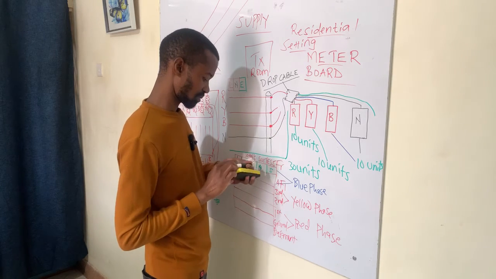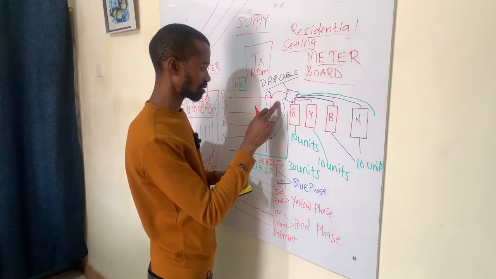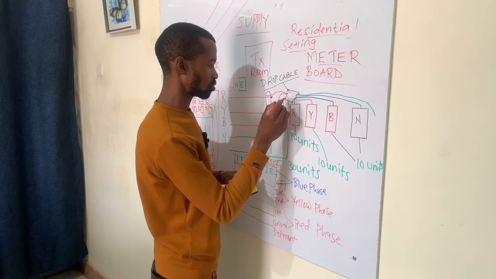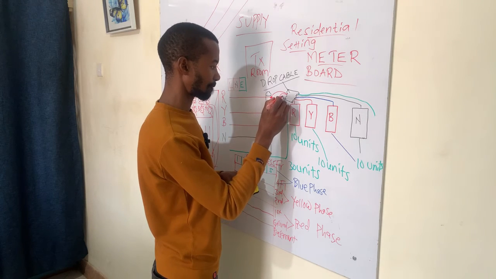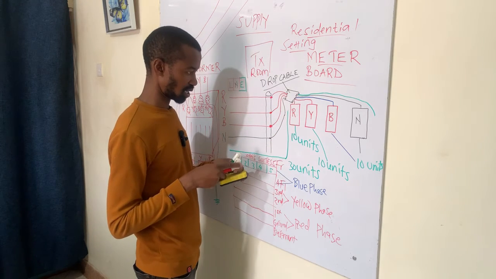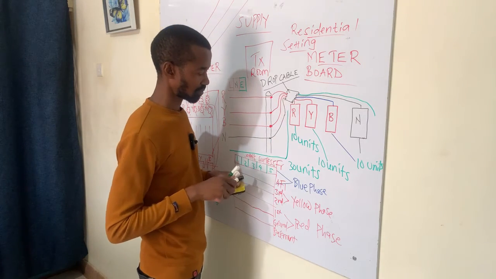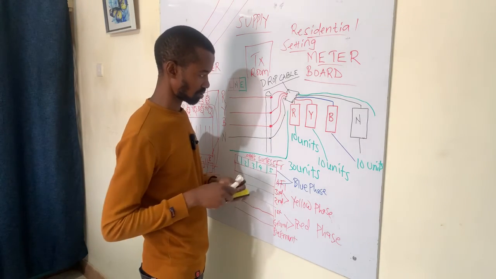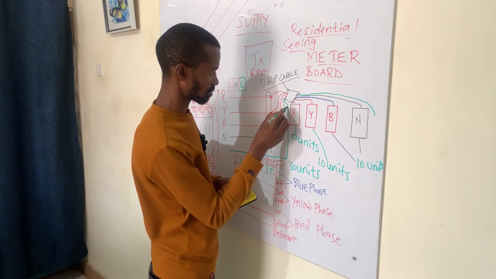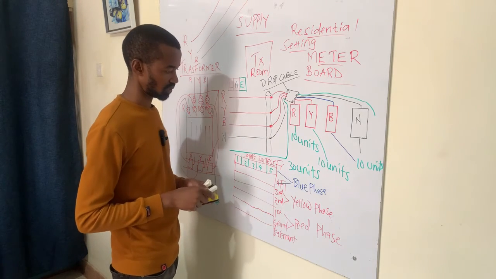Remember we've been talking about a drop cable so much, and we said that a drop cable should be connected in a manner that will not allow rainwater to get into the meter board. Very important point you cannot neglect there. So this is how our connection is.